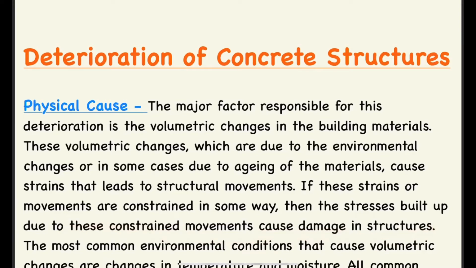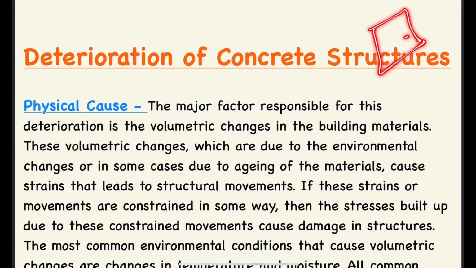So you have to understand like this. Suppose this is a concrete structure, there are particles in the concrete structure and they want to move, but they are not able to move because of some bond between the particles. That may be cement hydration particles or whatever. It could be ITZ, interfacial transition zone also.